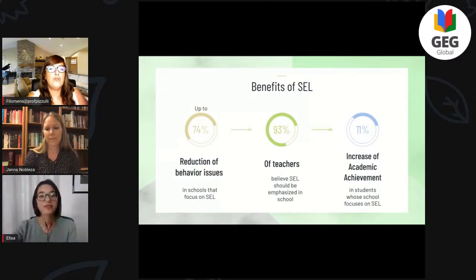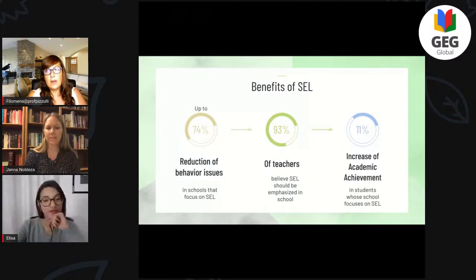They are ready to learn, and to know the things that you are saying to them. And also, we have 93% of benefit for teachers, because they could really relate to their students and other colleagues and feel the work is not so stressful anymore. And then 11% increase of academic achievement.